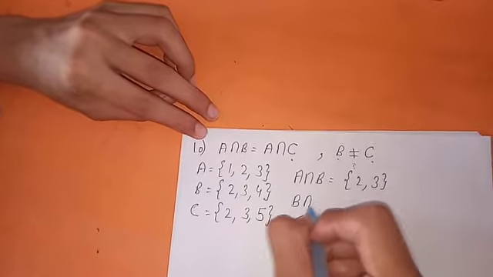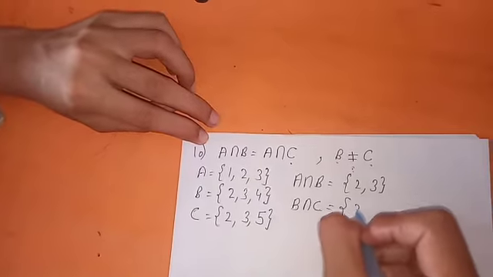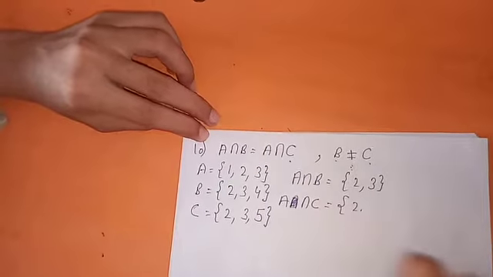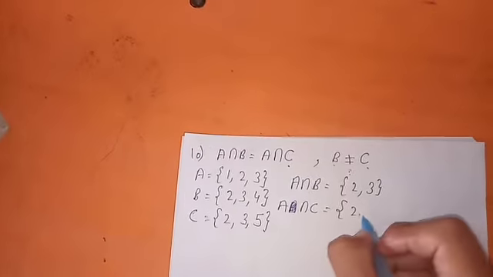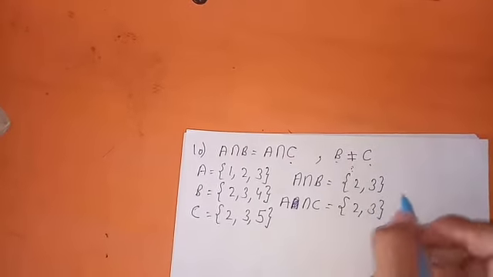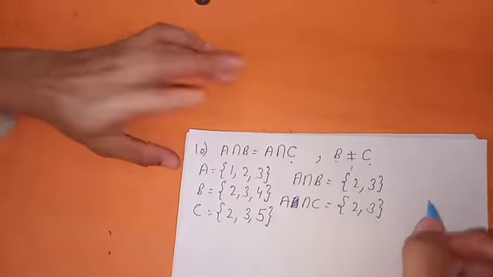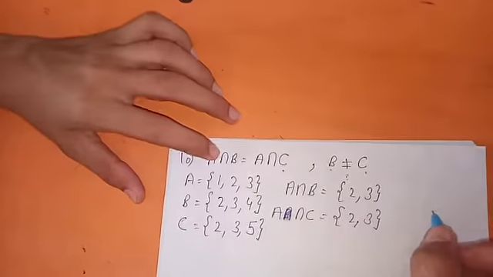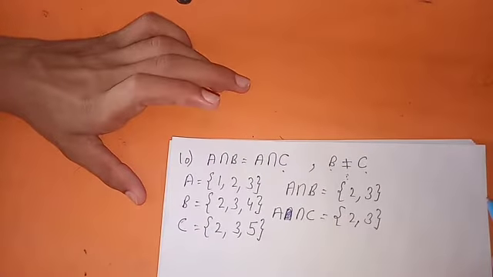B intersection C is again {2, 3} and A intersection C, that is {2, 3}. Okay, this thing was given to us that we have to take sets in such way that this is possible, and this is true in these cases.